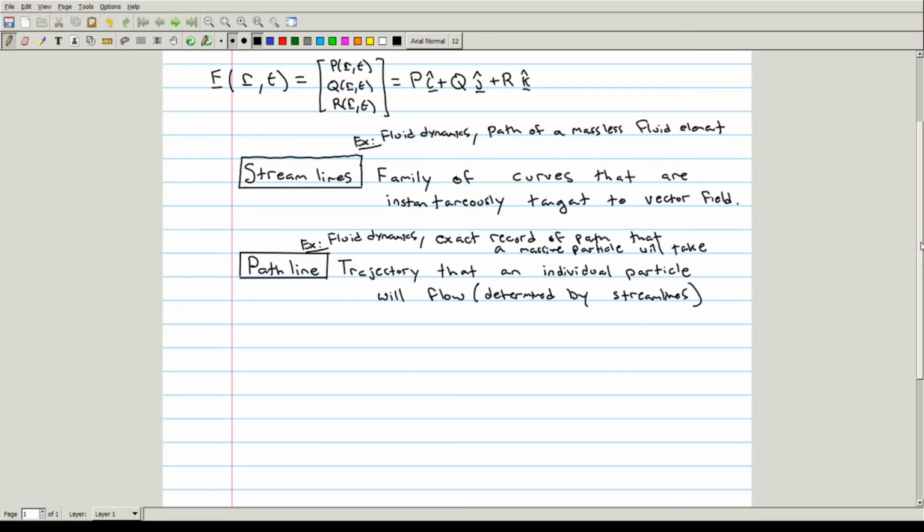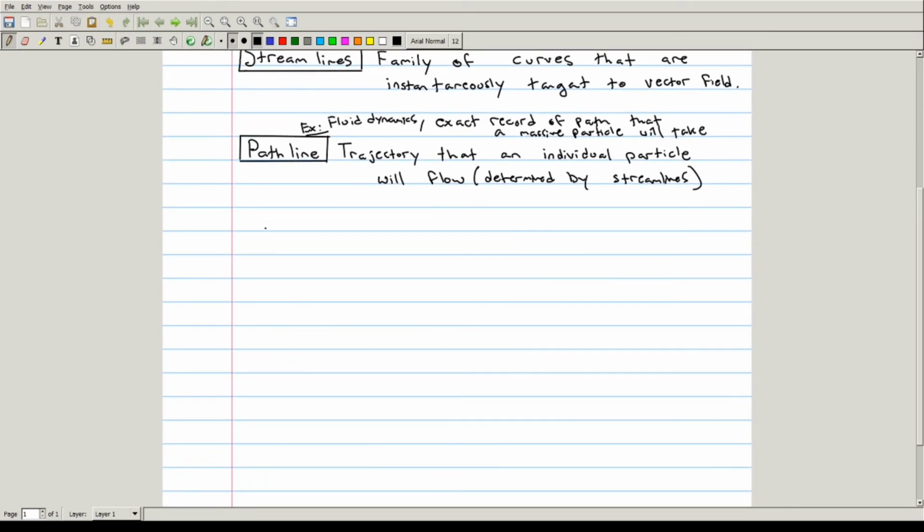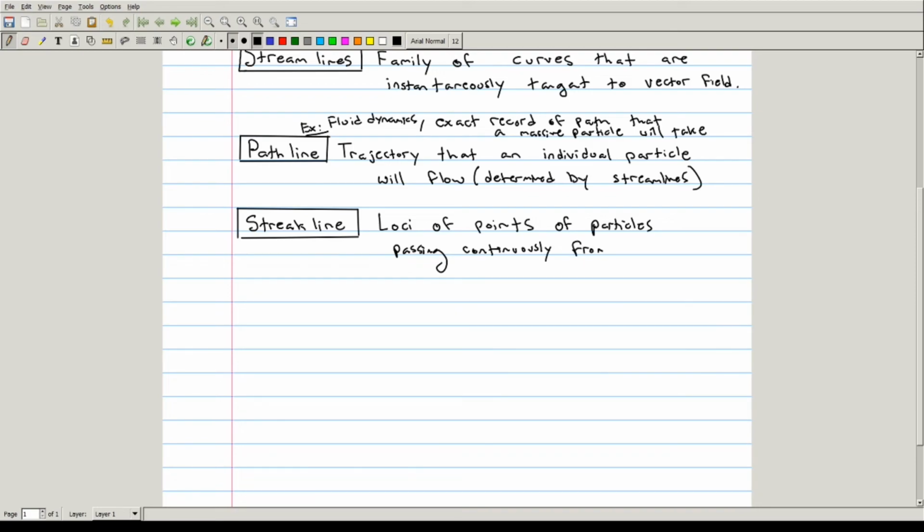And the last thing that we'll talk about is what's called a streak line, which you can think of as the loci of points of particles passing continuously from a point in the past.